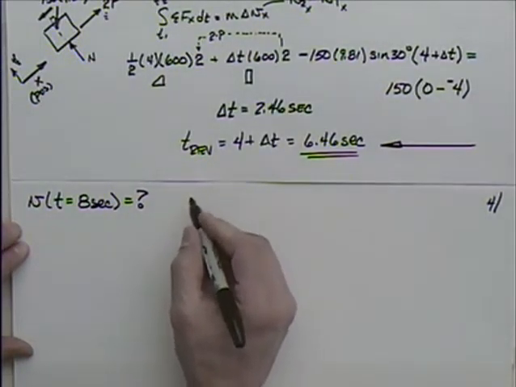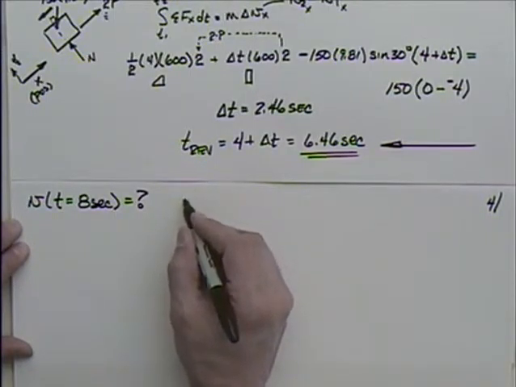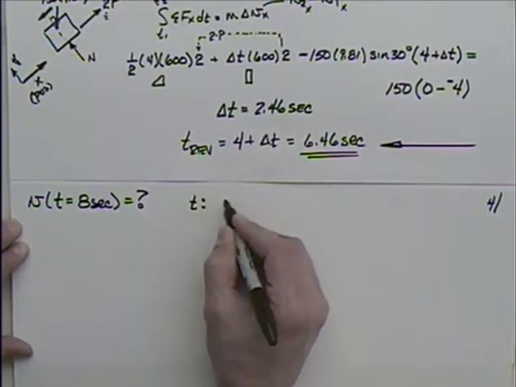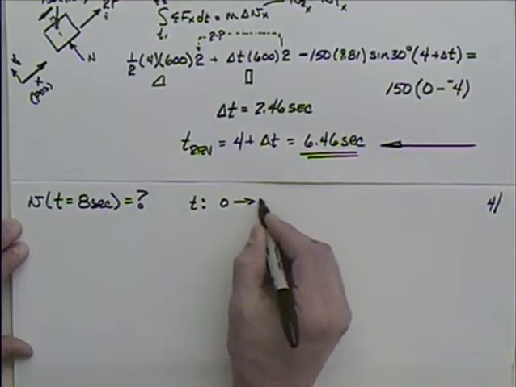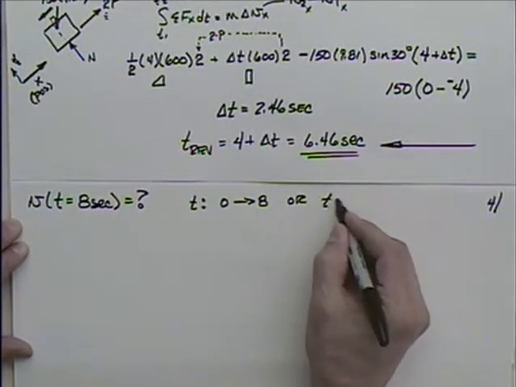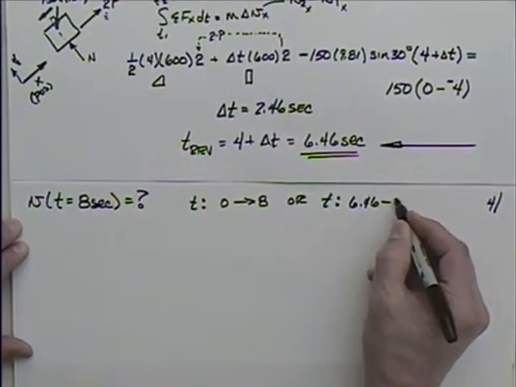Okay. And there's a couple ways that we can do this. We had to make decisions like this with work energy. We can go with t going from 0 to 8, or we can say that t goes from 6.46 to 8.